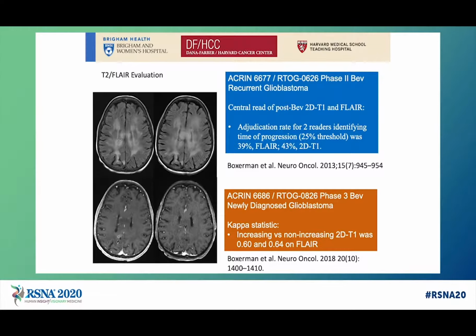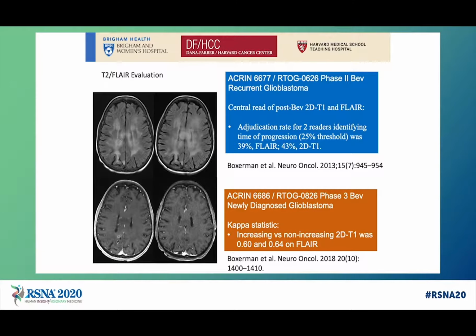For example, we can see in this case where there is an enlarging non-enhancing tumor in the corpus callosum on the top FLAIR images. This can be missed when not careful, and even if identified, it can be difficult to measure its size consistently. In fact, using data from RTOG 0625 trial, this is a phase 2 trial where there was high discordance rate, about 40% for both T1 and FLAIR evaluation.